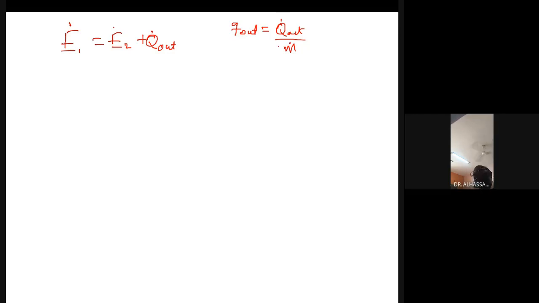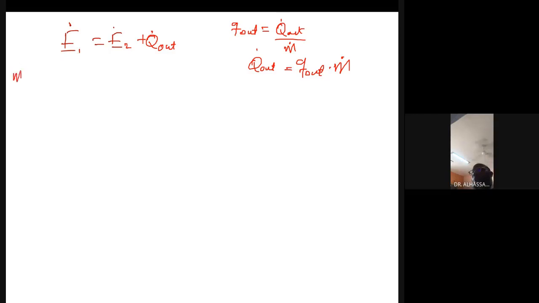So our Q out equals specific quantity Q out times the mass flow rate of the fluid, that's the carbon dioxide. So now we know the energy of the flowing fluid for this inlet.